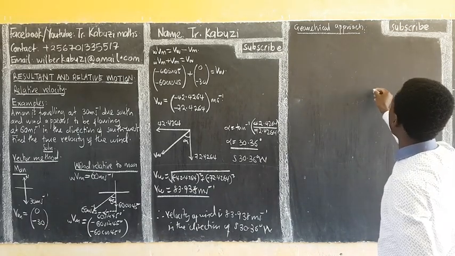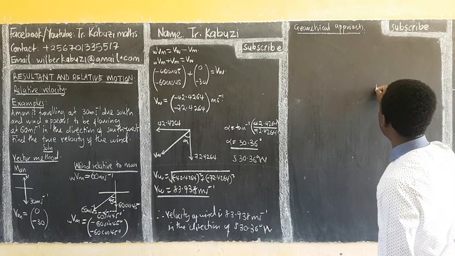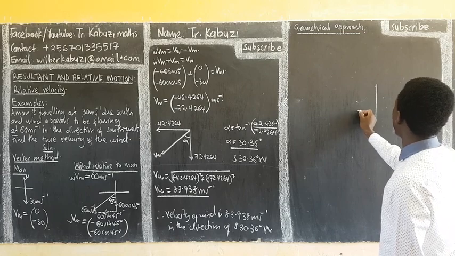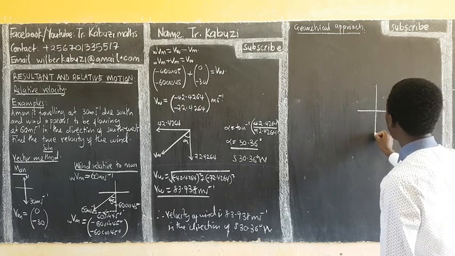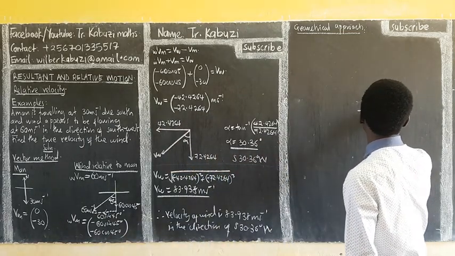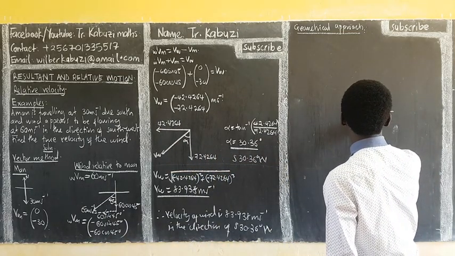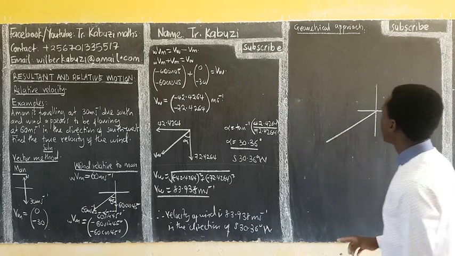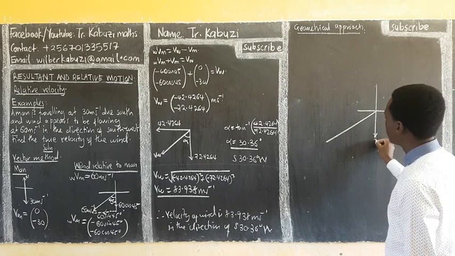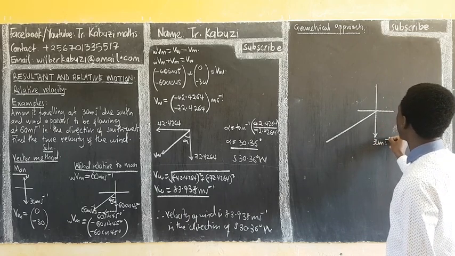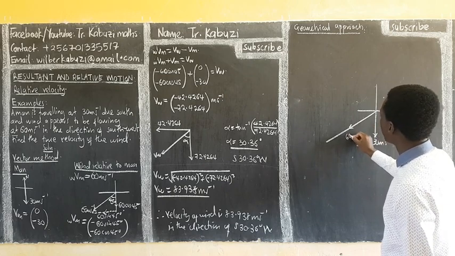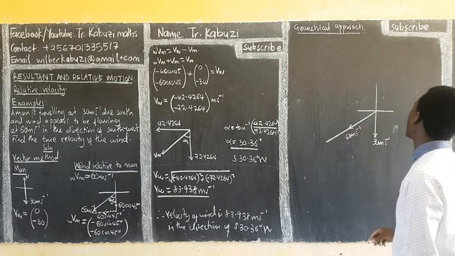Okay, so if we have sketched that, first of all, we put the two velocities onto one diagram. So we put our relative velocity going in this direction, like this. Then remember, we have our v of the man, which is 30 meters per second in this direction, and this is our direction of the relative velocity, which is 60 meters per second.